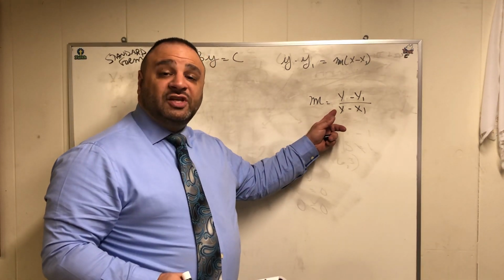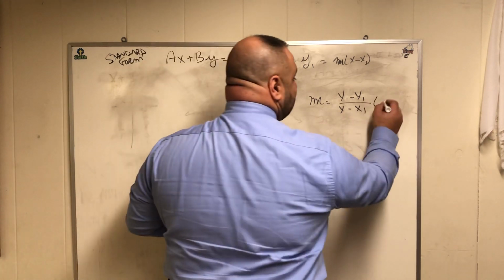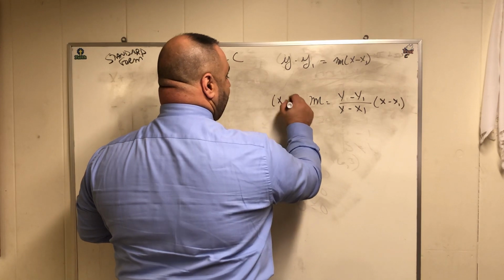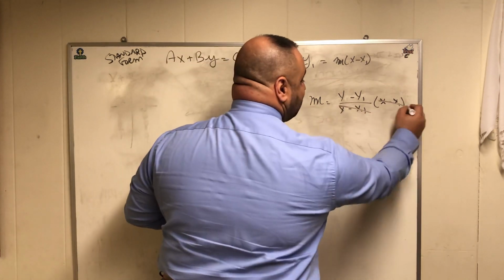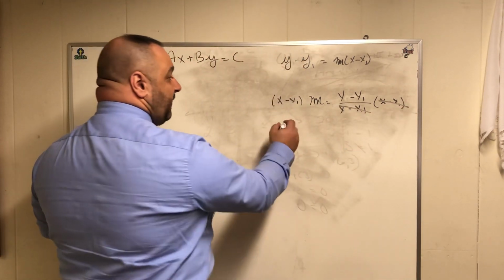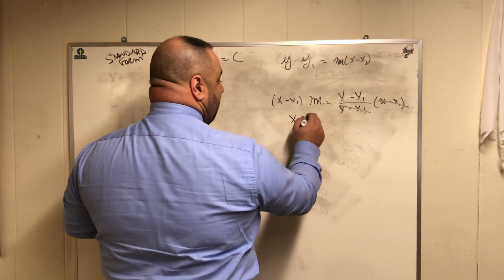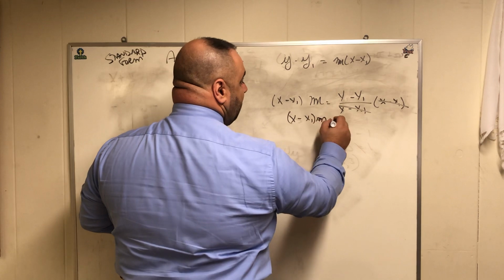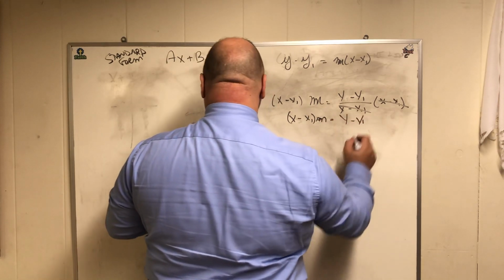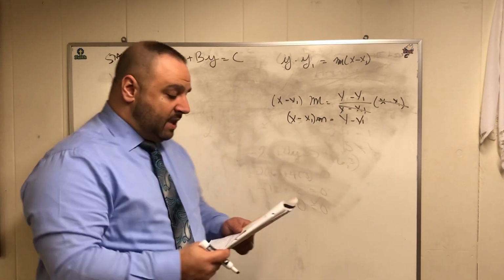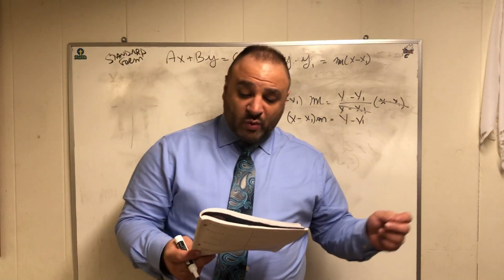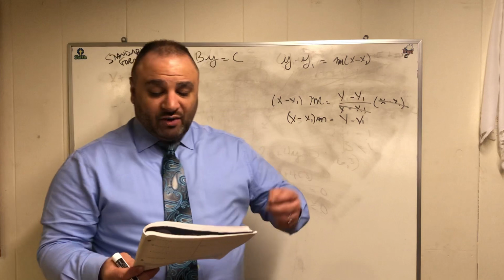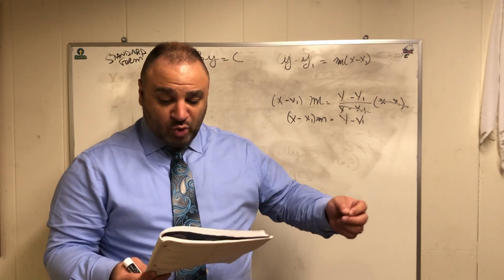What I want to do now is eliminate the fraction. So I'm going to multiply both sides by x minus x1. This cancels out, and I'm left with x minus x1 times m equals y minus y1. By multiplying both sides of the equation by x minus x1, we obtain the point-slope form. From this, we arrive at theorem 107.